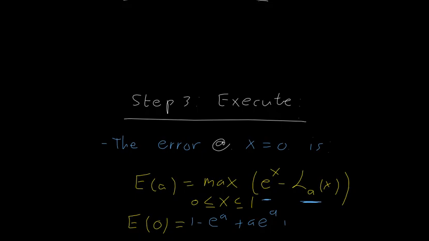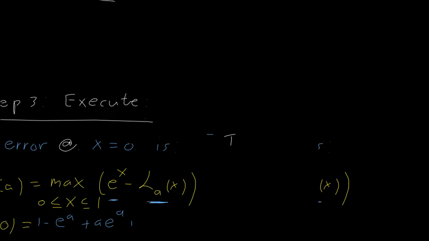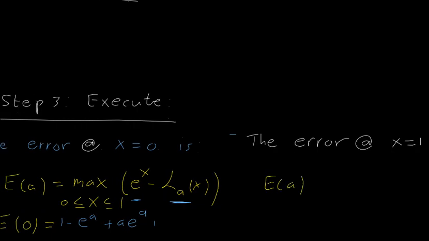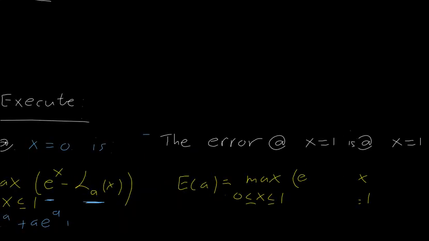Now the error at x equals 1. The other case is we have to look at the error at x equals 1. Let's rewrite it again. We know our error function is defined as a function of a is equal to the maximum, where 0 is smaller or equal to x, smaller or equal to 1, of e to the x minus L subscript a of x, okay?